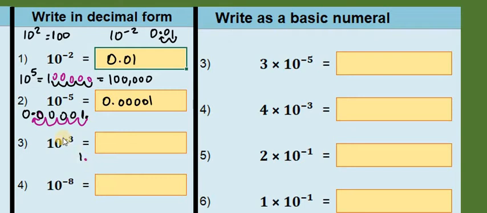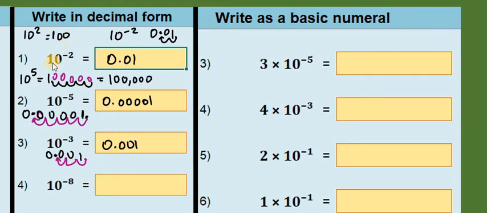And we're going to move how many places to the left, indicated by the negative 3? 3 places. 1, 2, 3. So the point is right here. And you always want a 0 there before the point. We're going to put 2 zeros where we have the little cells there. So we're going to have 0.001.